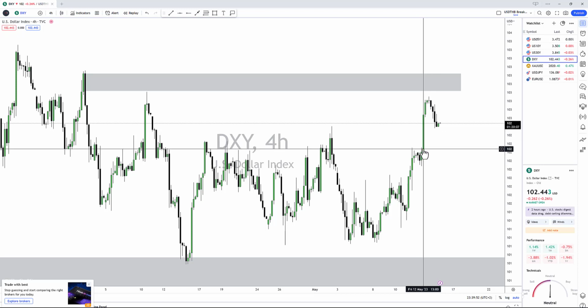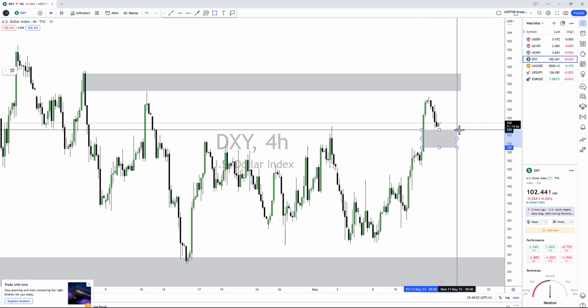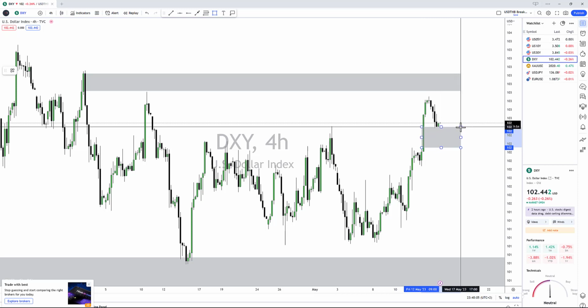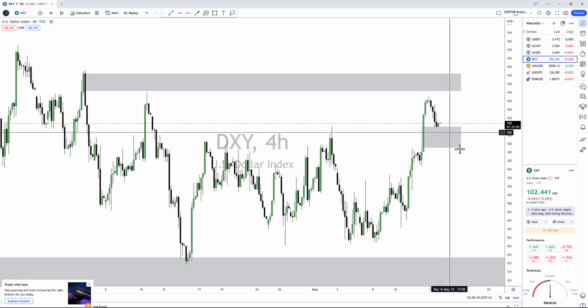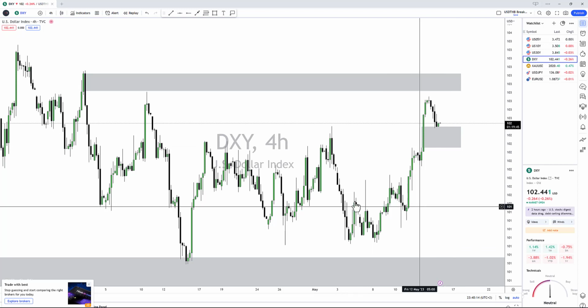Now you tell me, is price going to leave this imbalance unfilled? No, not really. See this? This imbalance is going to be filled. Price is going to fill up this imbalance and trade lower.